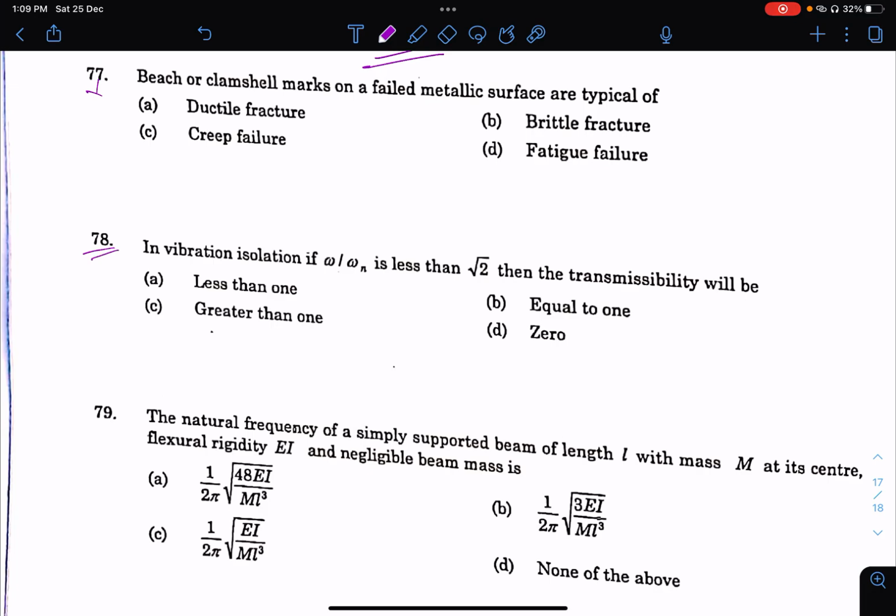Question number 78. In a vibration isolation system, if omega by omega n is less than root 2. So we know the transmissibility graph.